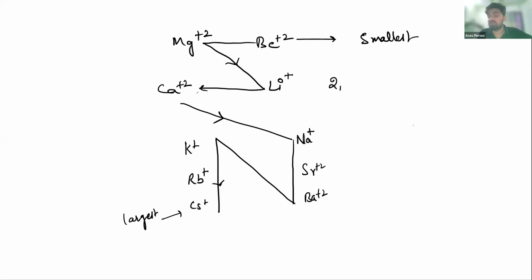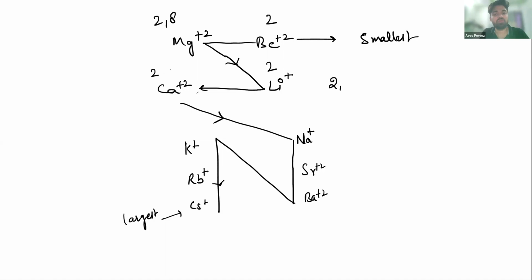If there is a 2 positive charge and both have the same positive charge, we will give preference to the electronic configuration. Just listen to me carefully: this is going to have electronic configuration 2, this is going to have 2 8, this is going to have 2 lithium.